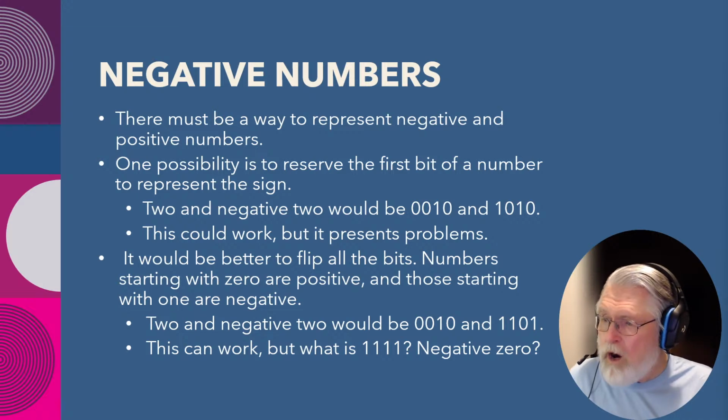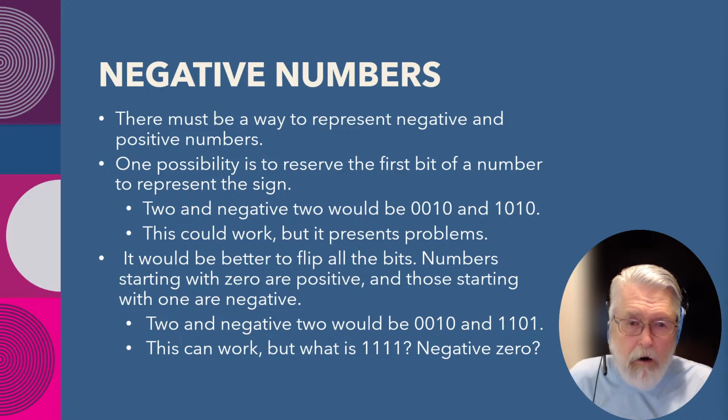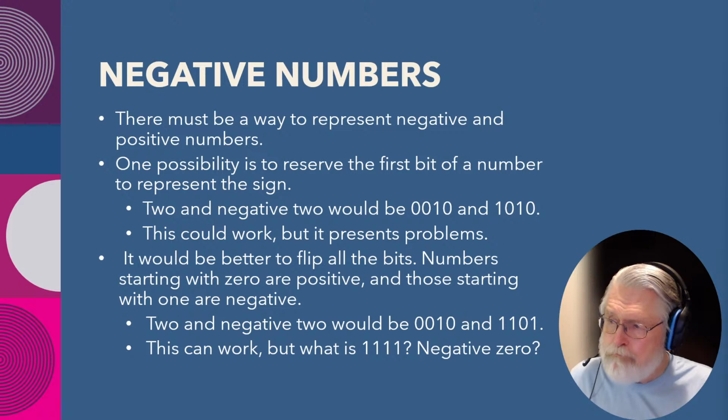And that's one way that it can work, but there are problems with that logic. Primarily, it makes certain operations more difficult to perform in logic. It can be done, but the logic is more complicated if you use that system.